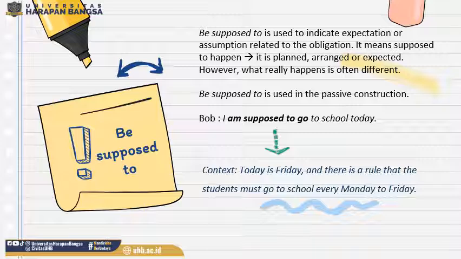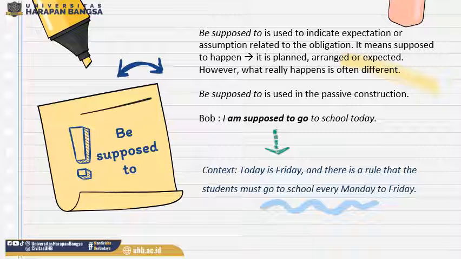Nah, saya jelaskan ya. Be supposed to di sini biasanya dipakai untuk menunjukkan expectation, ekspektasi atau asumsi yang berkaitan dengan kewajiban. Nah, it means supposed to happen. Jadi harusnya terjadi karena sudah direncanakan atau sudah diantisipasi ya, sudah di-arrange, sudah di-expect.